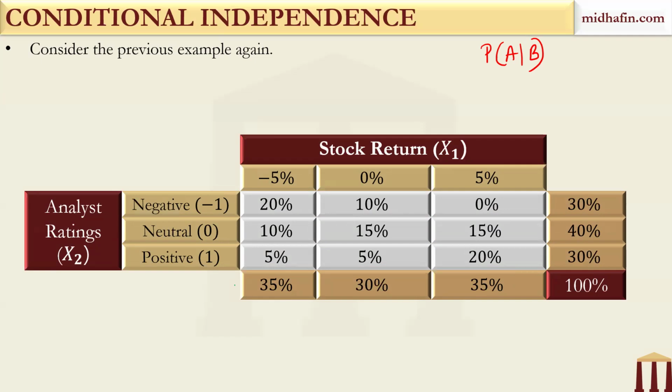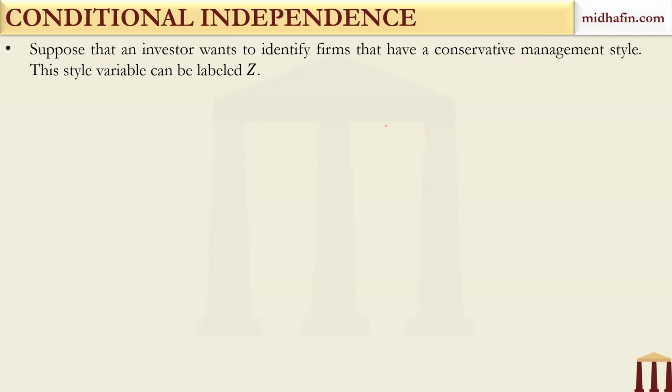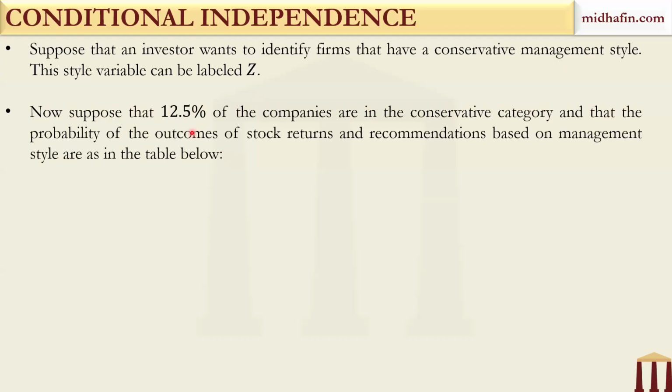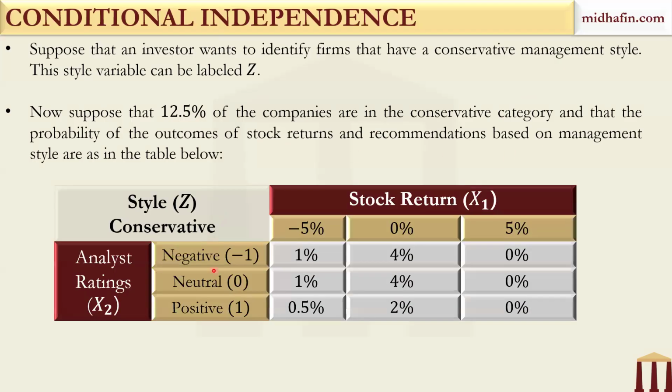We give a condition that we want to identify firms that have a conservative management style, and the style variable can be labeled as Z. So let's assume that only 12.5% of the companies are in the conservative categories, and the probability of outcomes and recommendations based on the management styles are given below. Okay, so these are conservative style categories.